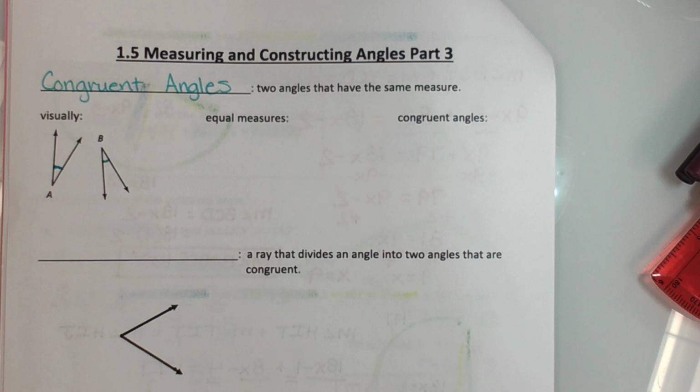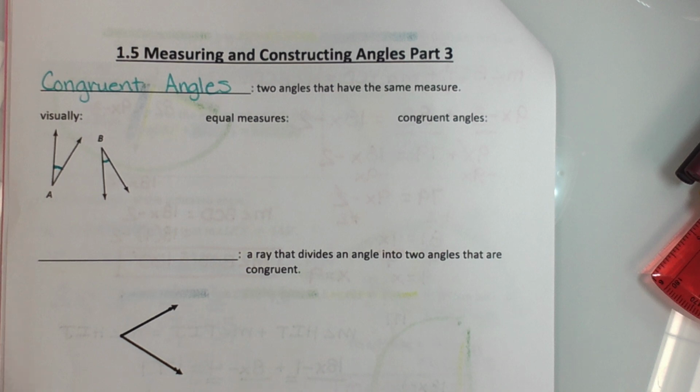Essentially, a congruent symbol you put in between the names of things, while equal signs you put between their measurements.